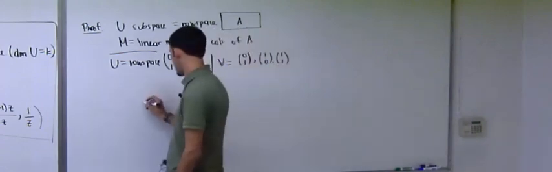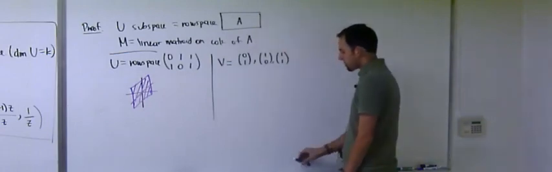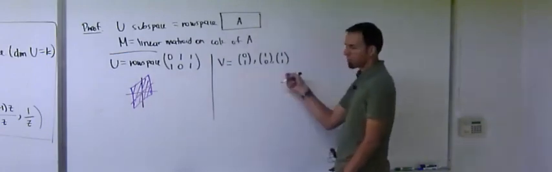Okay? So maybe I'll try to draw some pictures. Here we have a two-dimensional subspace of a three-dimensional space, and so this just looks like some plane here. Here we have a vector configuration in the plane.